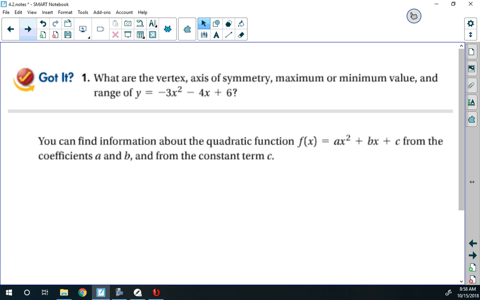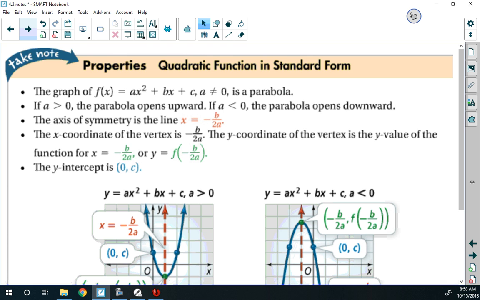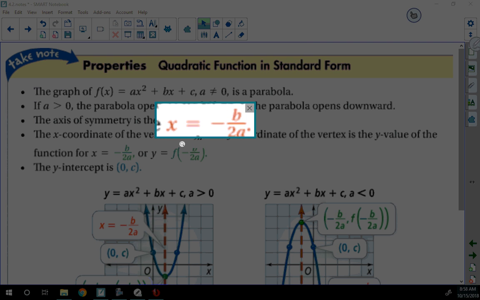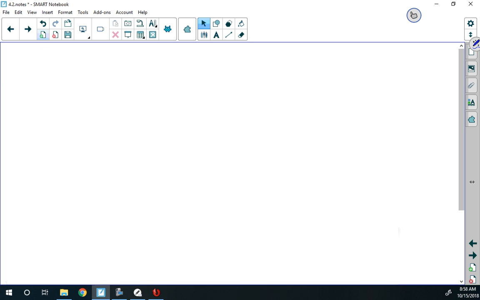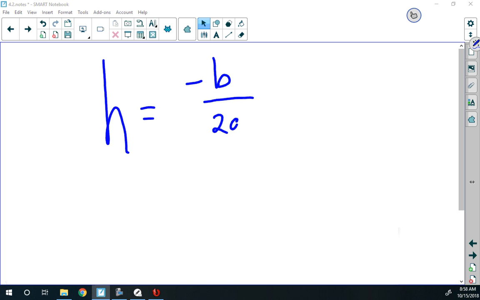So the next item up for bids is for us to use these formulas. We talked about this one on Thursday. We weren't here Friday. Rather than calling it X, we call it H. So this formula that we're going to need: H equals negative B divided by 2A.